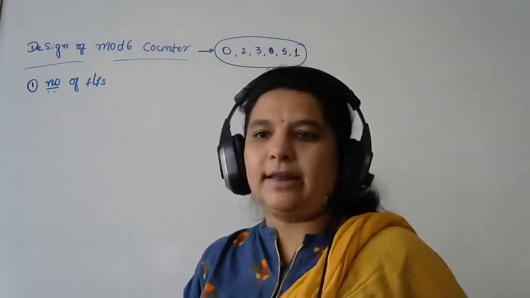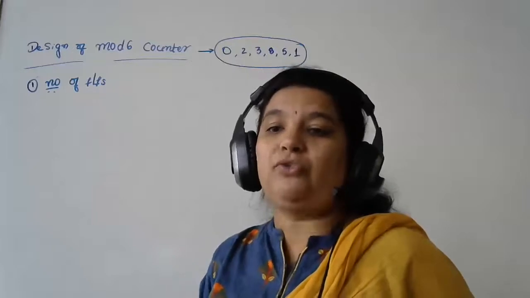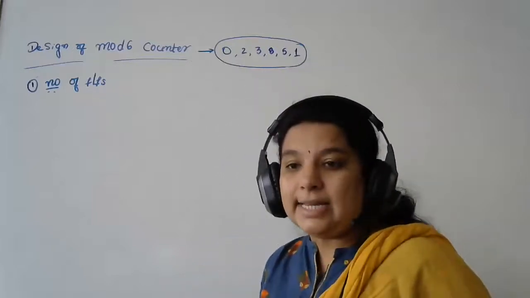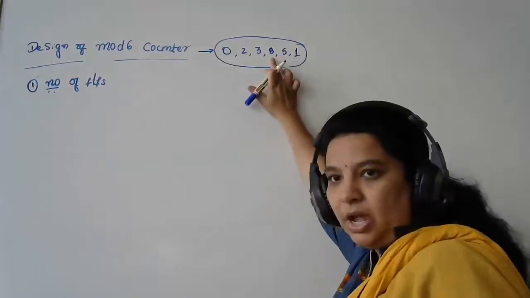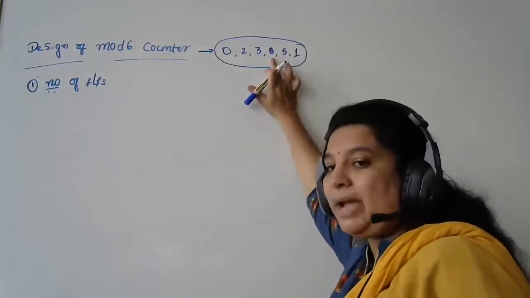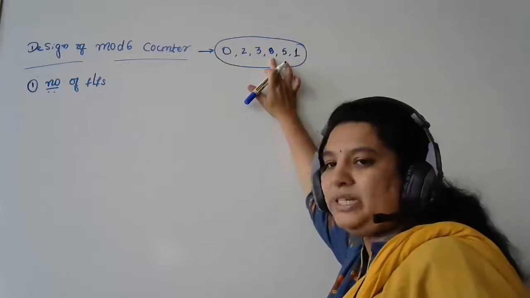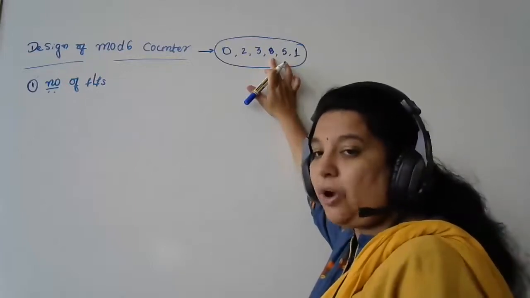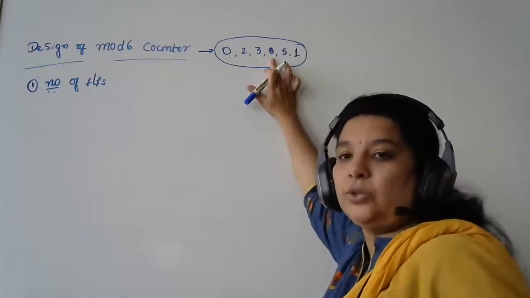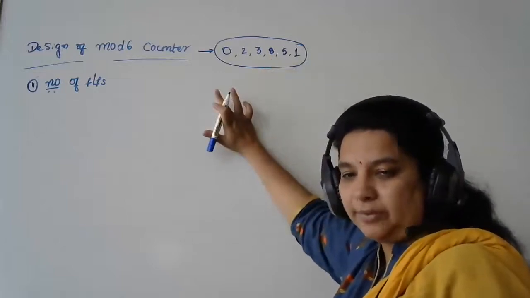Yes, Tanya, it's correct. I require 4 flip-flops. Why 4 flip-flops? What's the highest number I am counting here? The highest number is 8. And in order to represent 8, how many binary bits are required? 4 bits are required. It is 1, 0, 0, 0. That forms 8, right? So I want 4 flip-flops.